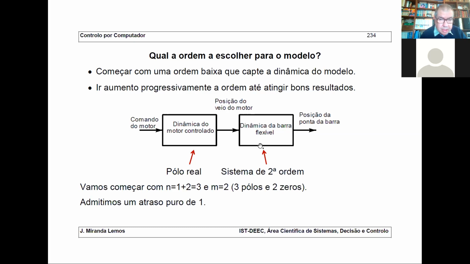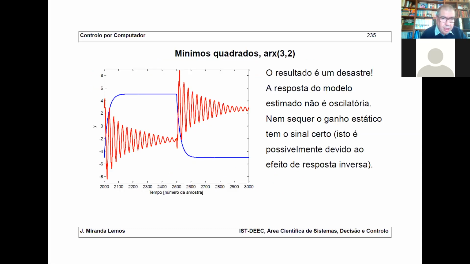Then there is a moment you are going to see where you cannot justify your choices, depending on the fitting to the data. Now let's use least squares. The red is the data that I have, and the blue is the model that I got from least squares.